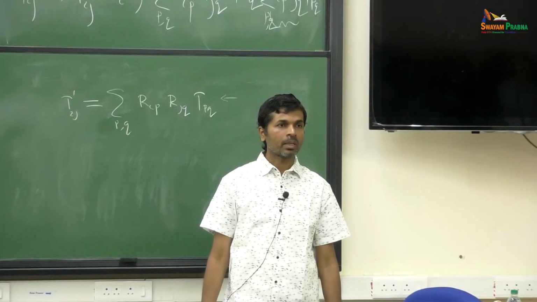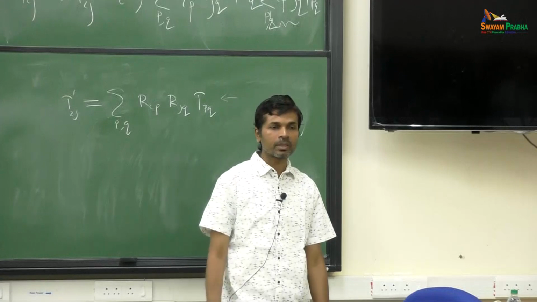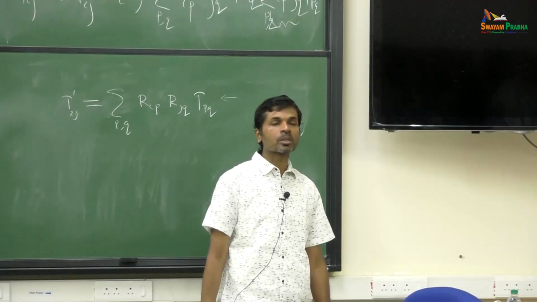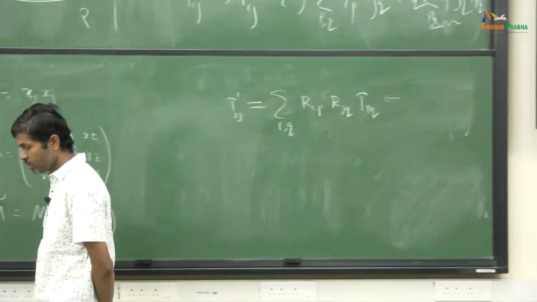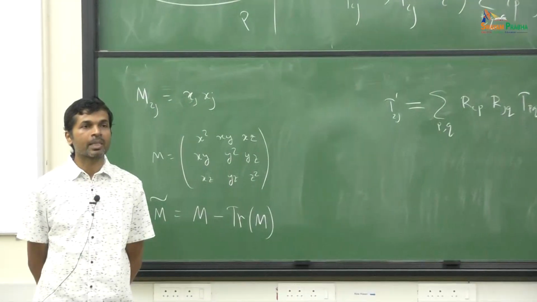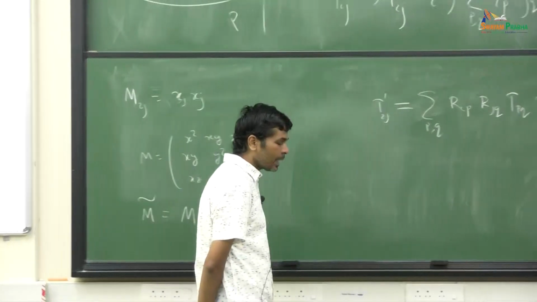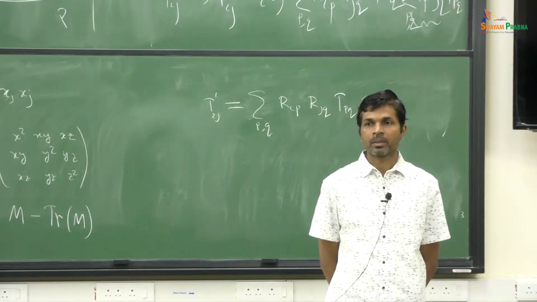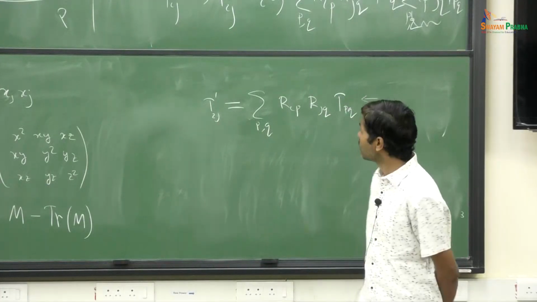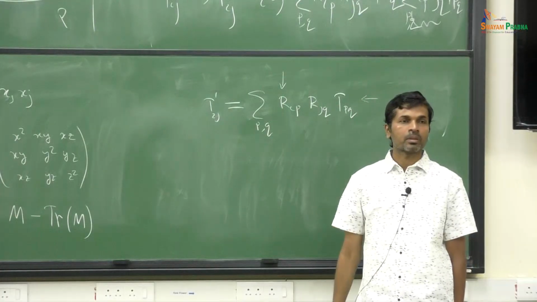And this is much more general than orthogonal transformations. It is the same principle that led Einstein to formulate his special relativity. It is the same principle that led Einstein to formulate his general relativity as well. And the difference is this transformation.